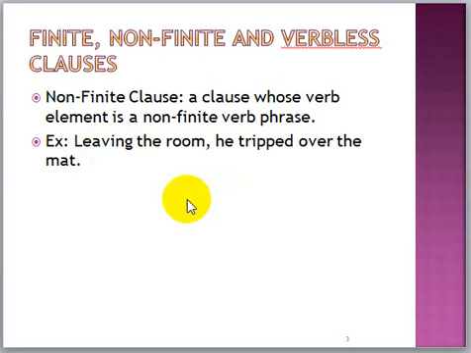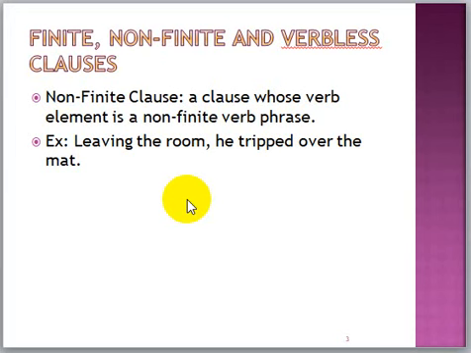Now, if we take another example from the infinitive, we can say: to open the tap, turn it off. Or looking around, he noticed a letter on the floor. Or, with the past participle: worn out by the heat, they stopped for a drink. And so on and so forth.